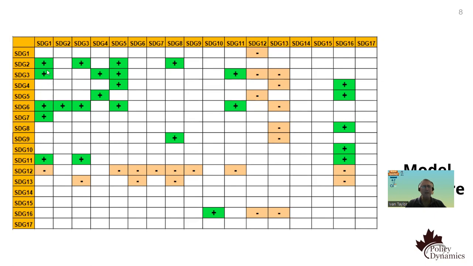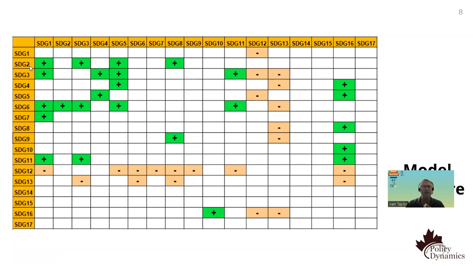Where there's a plus, that means that an improvement in SDG 2 will cause an improvement in SDG 1, and a problem or a reduction in the value of SDG 2 will lead to a reduction in the value of SDG 1.